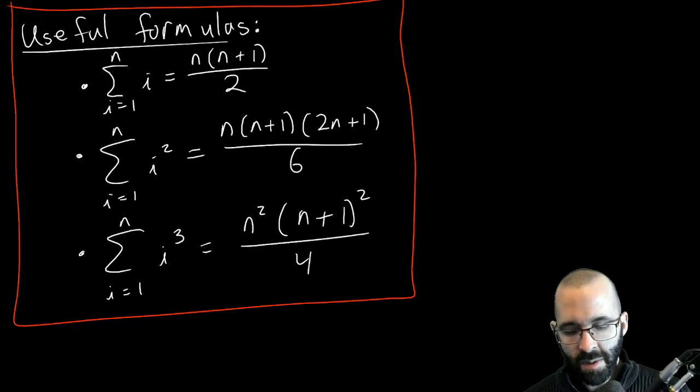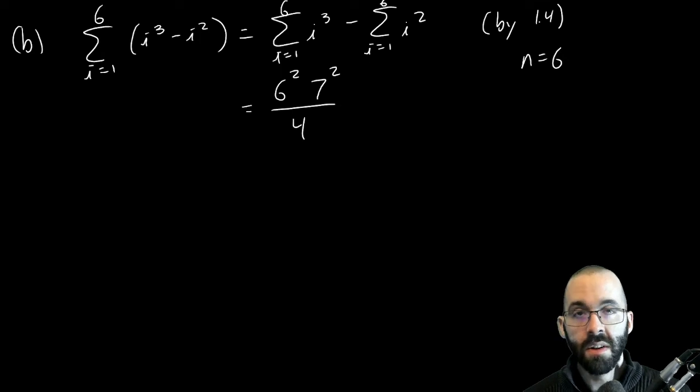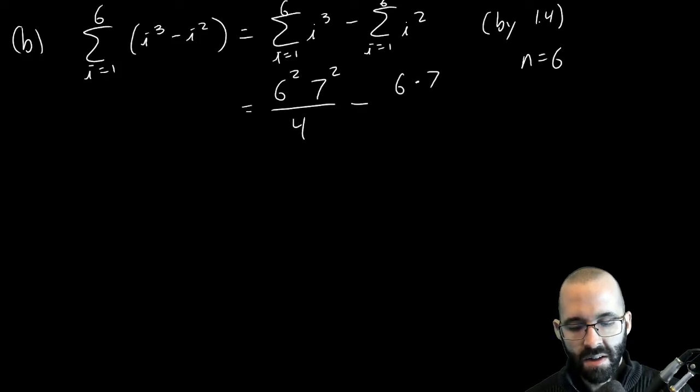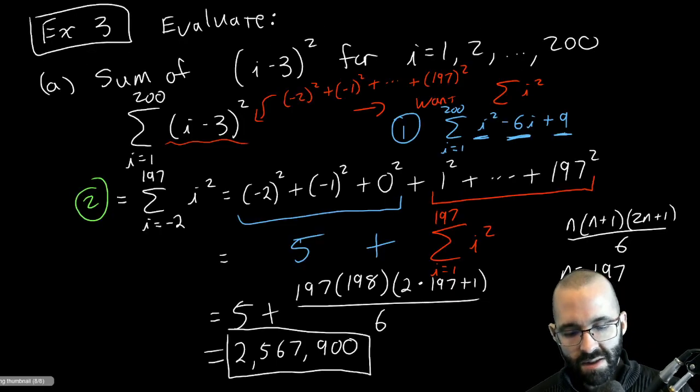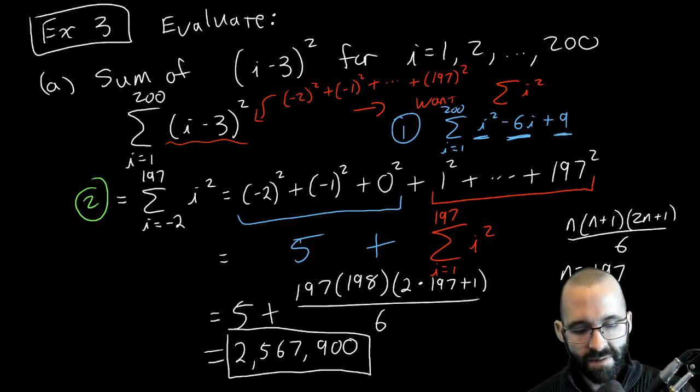So for cubed, it's going to be n squared times n plus 1 squared over 4, where n is 6, minus n times n plus 1 times 2n plus 1.